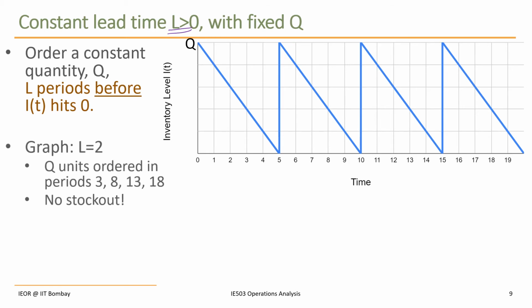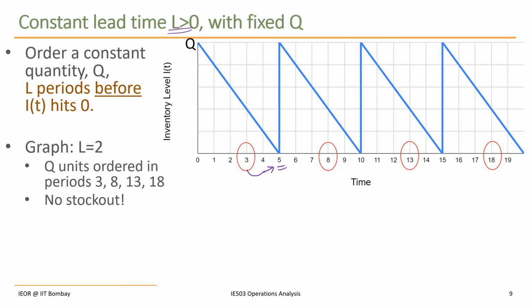For example, in this graph, let us assume the lead time is 2 time periods. I know that the material is going to hit 0 at time period 5. So I need to order at time period 3, which will get delivered at time period 5. Quite straightforward, right? So that's exactly what we will do.